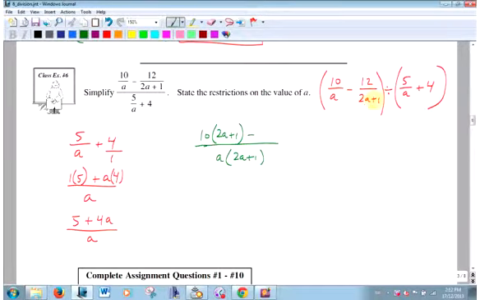Minus, how many times does 2a plus 1 go into this common denominator? A times. Okay? Everybody happy? So that's what this is.